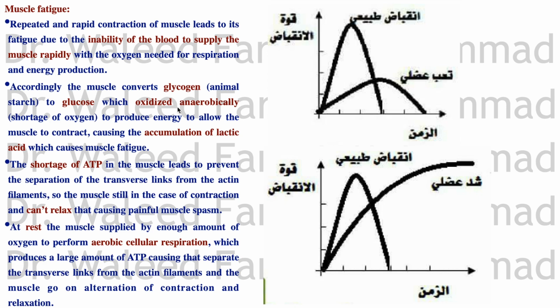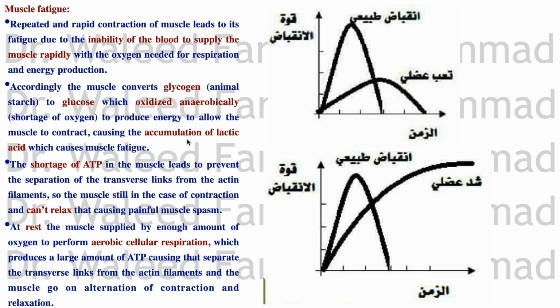So what happens? This leads to the accumulation of an end product called the lactic acid. Lactic acid. And lactic acid, when accumulates in the muscle, this causes muscle fatigue. And ممكن كمان muscle cramps.